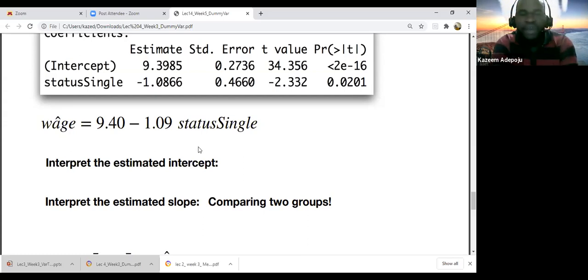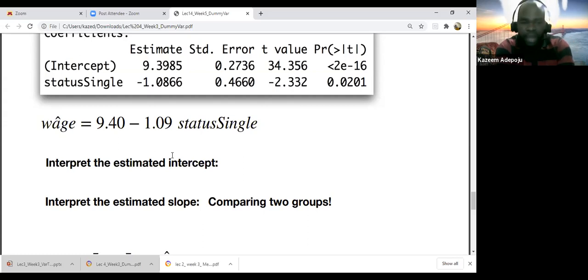And if I want to look at the one in the experimental group, I'm actually going to say status single equals 1, then I will be able to determine the wage. And you know what is happening here? This is trying to say that for any unit increase in that, of course, the value of this is going to go down by 1.09.